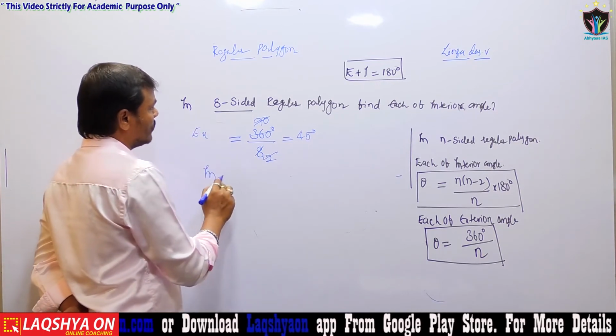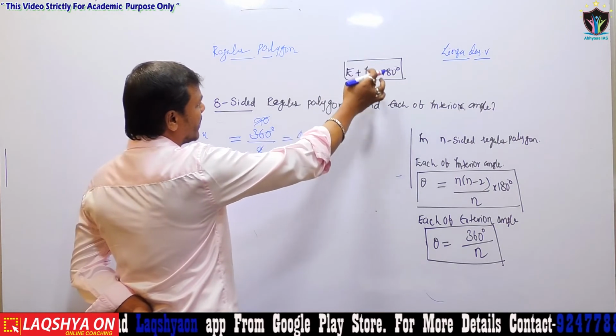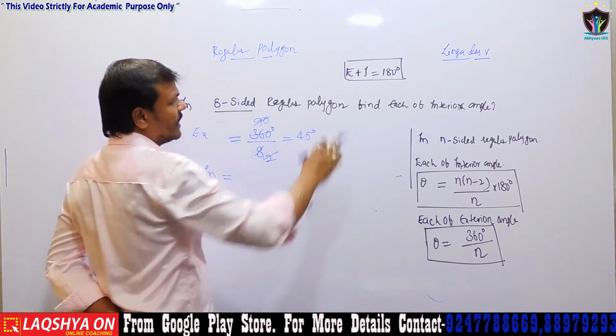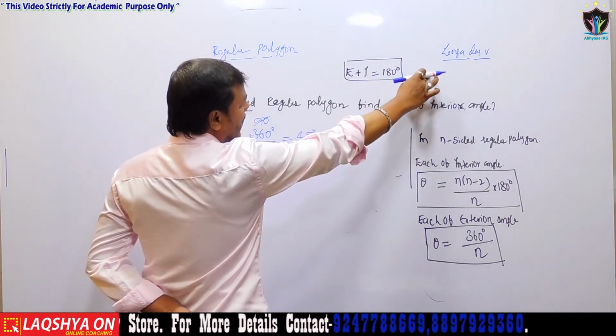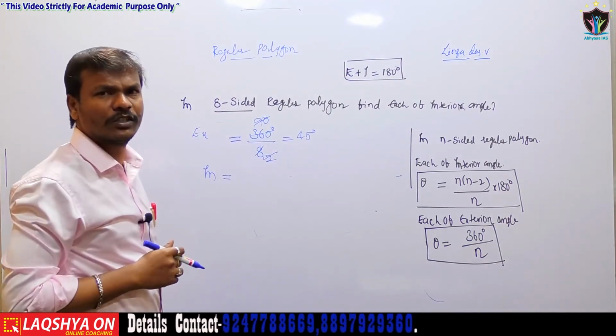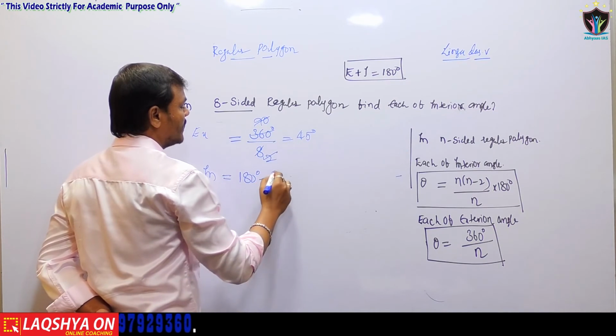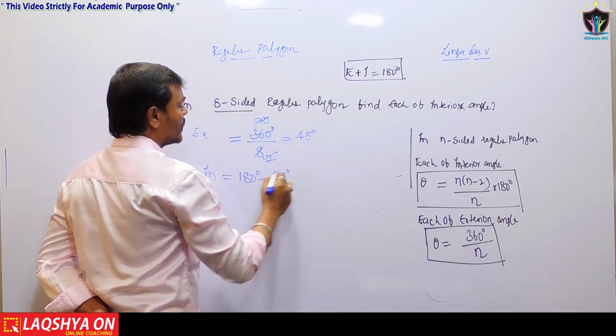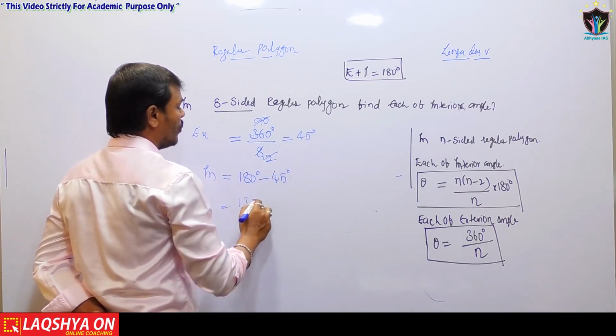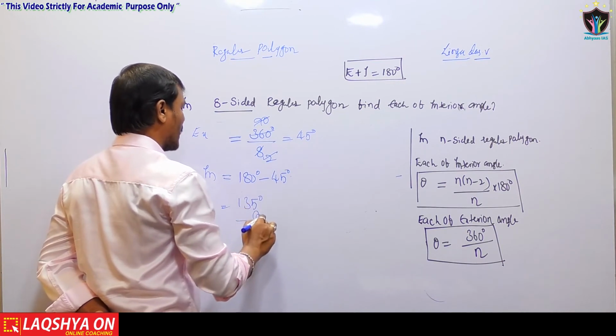Exterior plus interior is equal to 180, so interior is 180 minus the exterior angle of 45. So we can write 135 degrees as the interior angle.